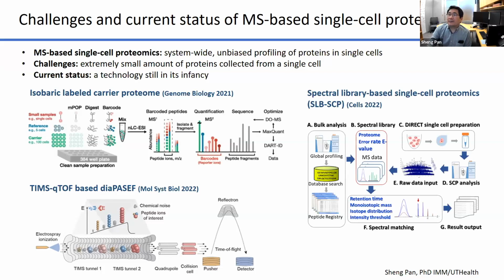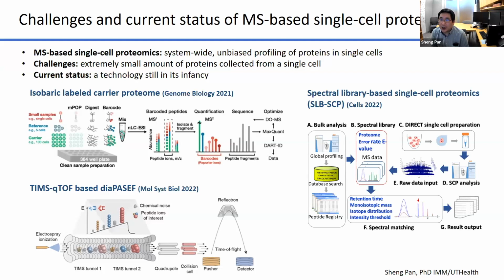Our lab also introduced a spectrum library-based single-cell proteomic platform. This platform is based on a spectrum library generated using bulk scale analysis. We also developed a so-called direct single-cell preparation method, in which we don't transfer our single-cell samples.